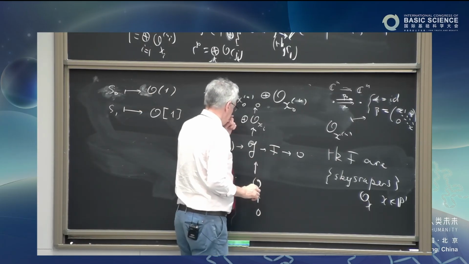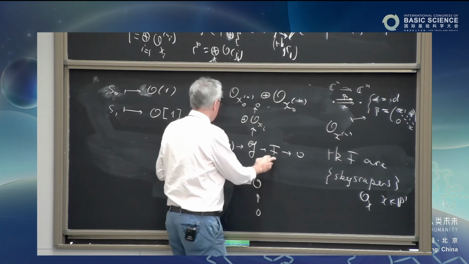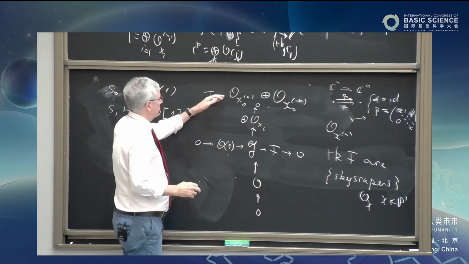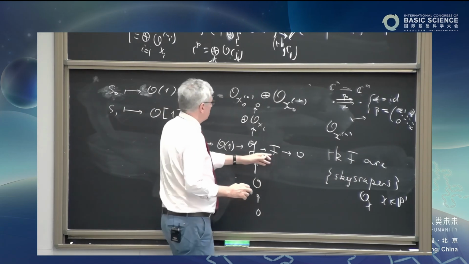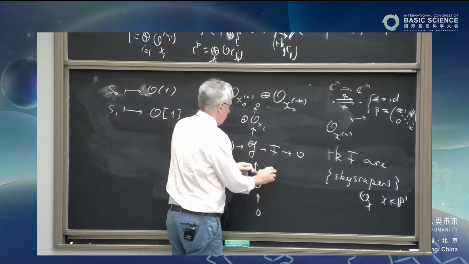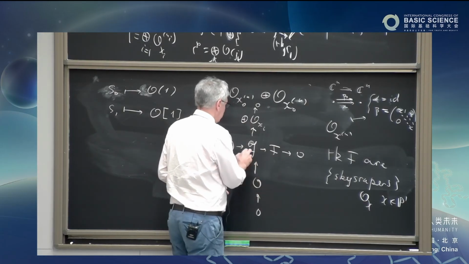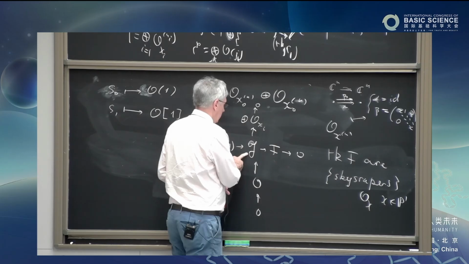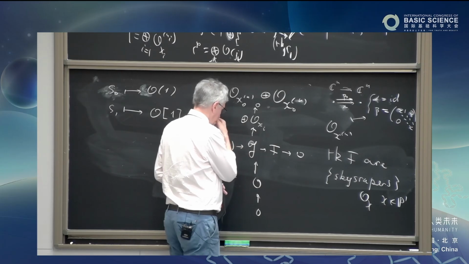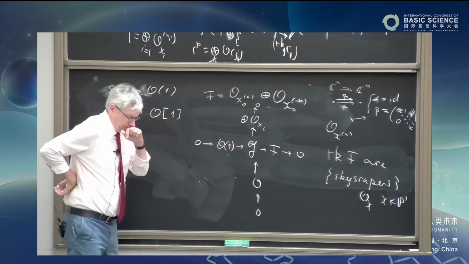Well, why is that? The point is that the rank of this sheaf, the geometric fiber of this sheaf at this point x0 here is 2. It implies that the rank of this sheaf is also at least 2. I forgot what the argument is.